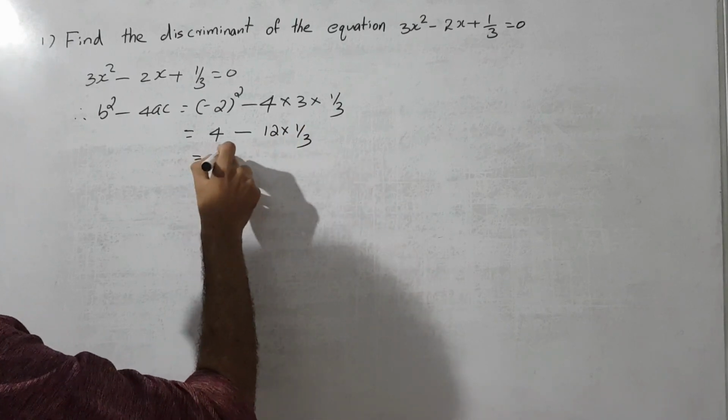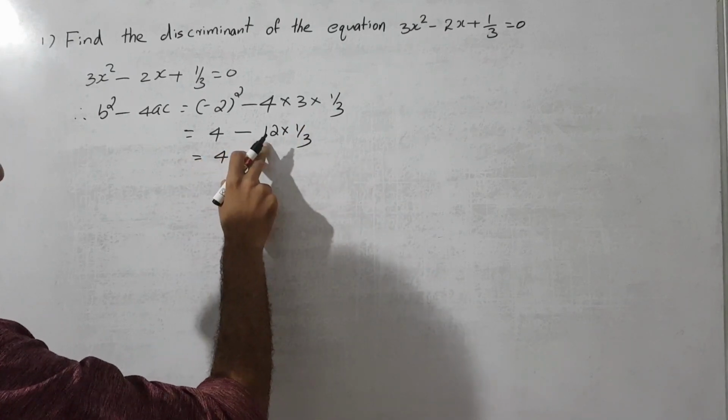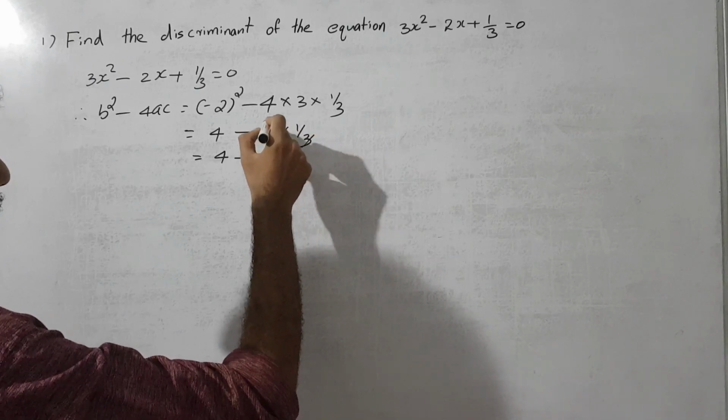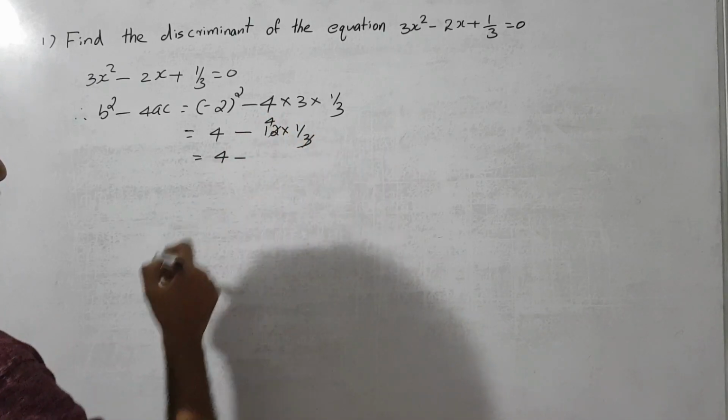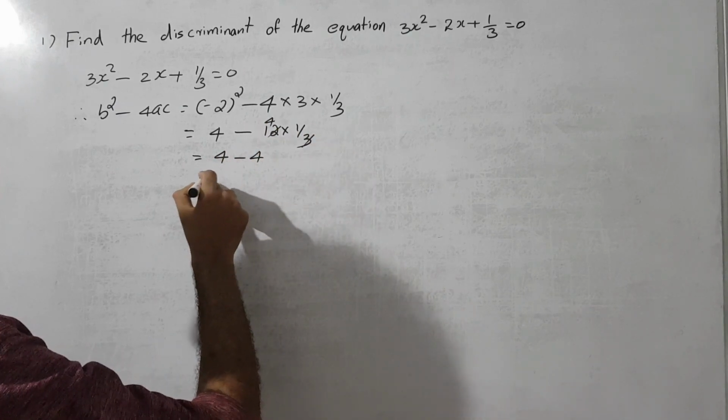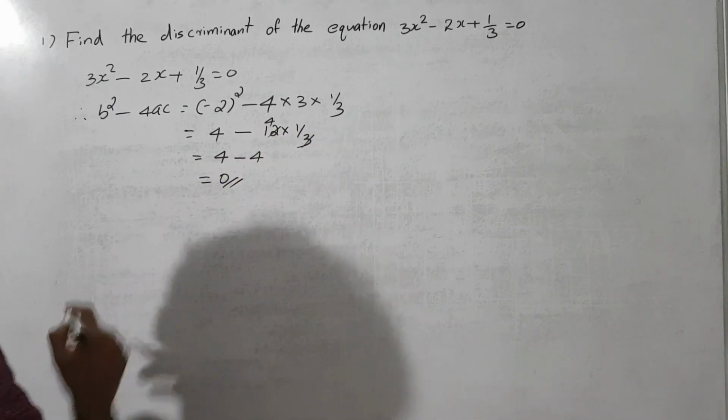Then it is equal to 4 minus, then 12 into 1 by 3 is possible to reduce by 4. What is that? 4 times. Then 4 into 1 is 4. Then 4 minus 4 is equal to 0.